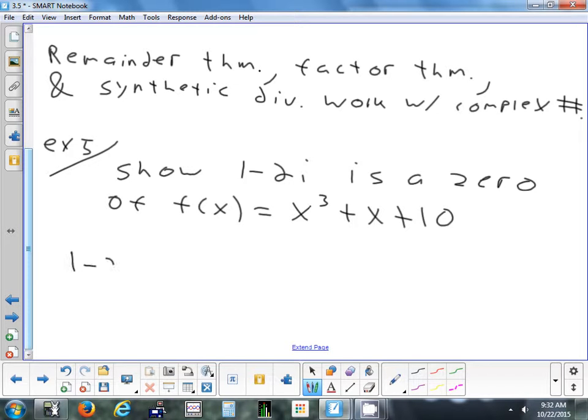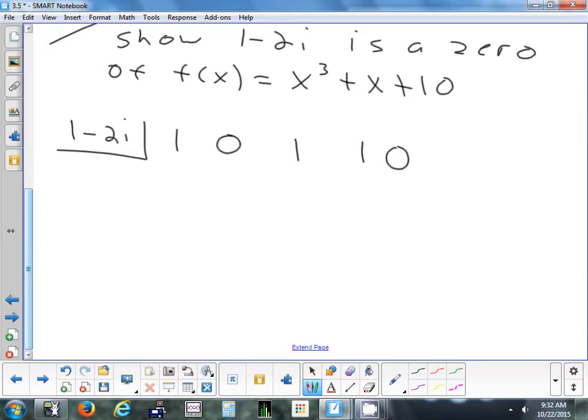So let's put 1 minus 2i on the outside. And what would be my coefficients on the inside? 1, 0, 1, 10. When you start with synthetic division, it's not bad right away. You just bring down the 1. That was easy.